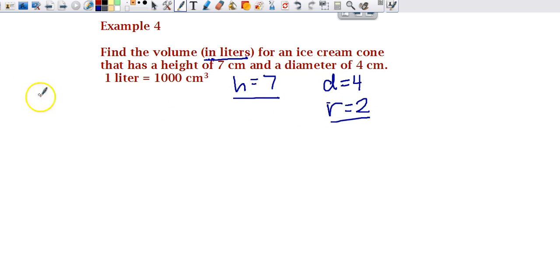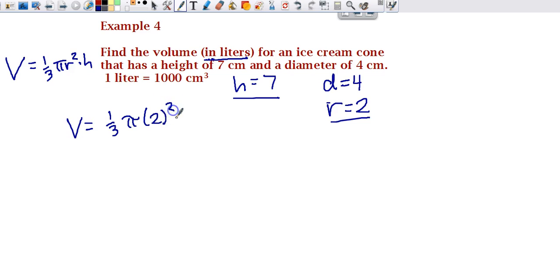And we'll use our cone formula again, 1/3 pi r squared times height. So we're going to do 1/3 pi 2 squared times 7.